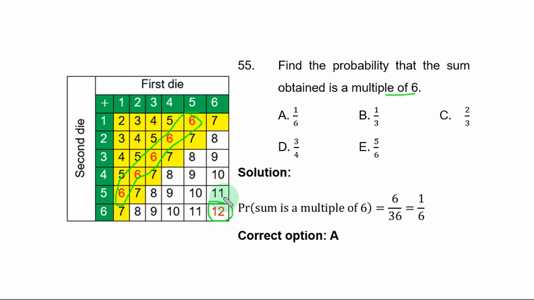They are 6 in number. So the probability that the sum is a multiple of 6 is equal to 6 of the numbers over sample space, and this simplifies to 1 over 6. The correct option is A.